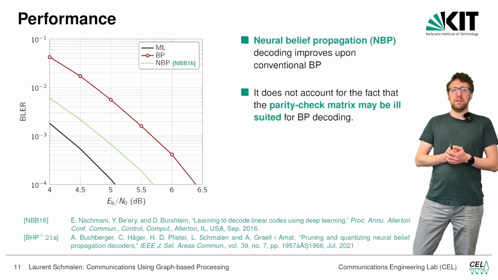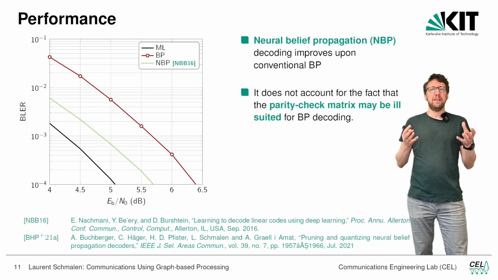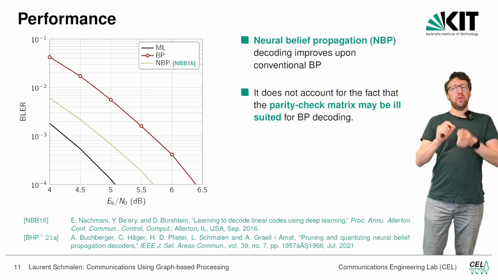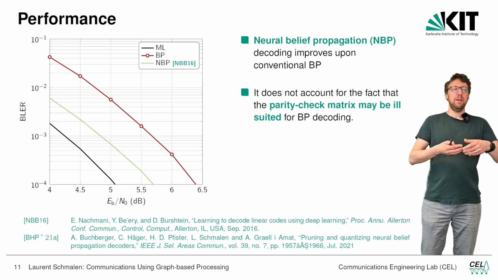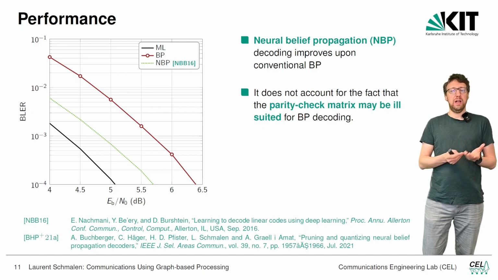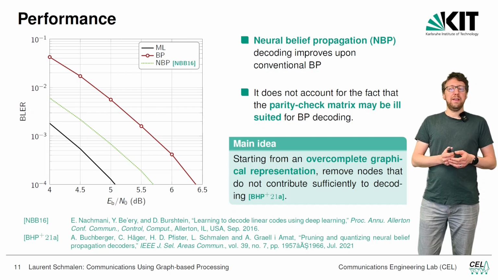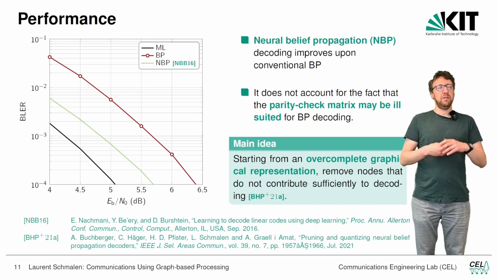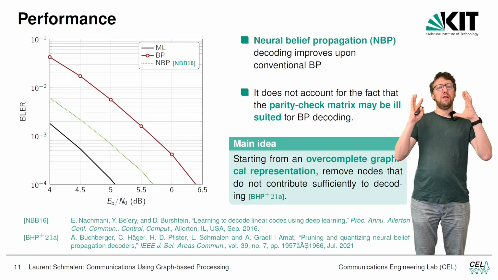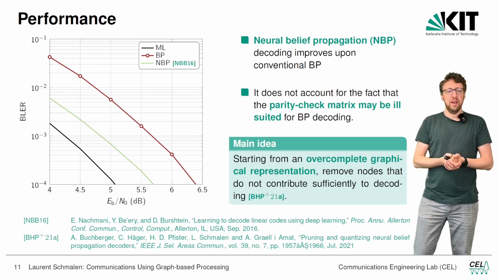Now, what this decoder does, it's taking into account the fact that the messages that we send in this graph are not well suited for BP decoding. It's a suboptimal decoding and the messages may not be well suited. It does not account for the fact that the parity check matrix may not be well suited. So the matrix that we start with, this graphical representation of the code that we started from, may not be well suited.